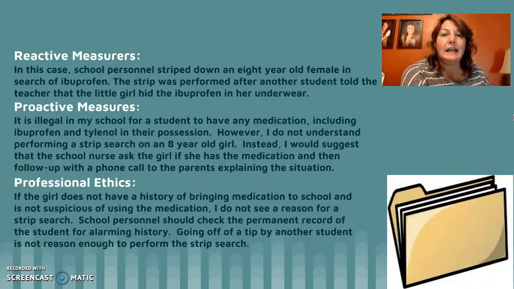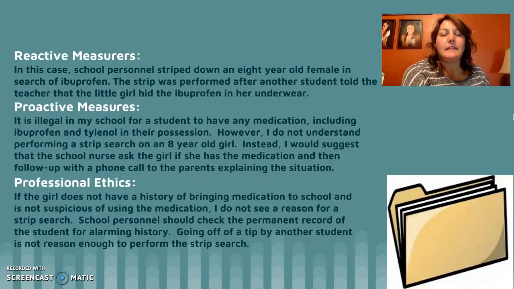However, I do not understand performing a strip search on an 8-year-old girl. Instead, I would suggest the school nurse ask the girl if she had the medication, and then follow up with a phone call to the parents explaining the situation. And maybe just getting the parents on board would scare the little girl from bringing such medication to school, and from hiding it in her undergarments.